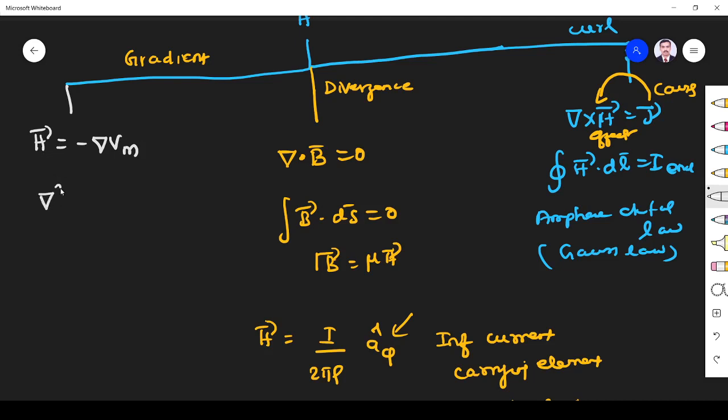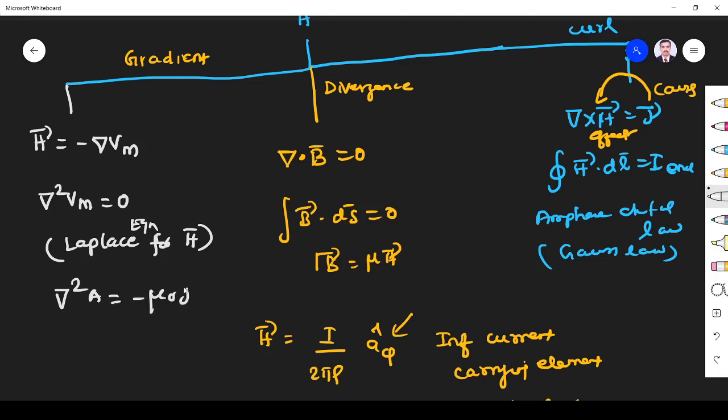Then we know del squared V is 0 for electric potential. For magnetic potential, it is the Laplace equation for magnetic field H. For electric field, del squared V is equal to 0. Similarly, we have Poisson's equation for magnetic field, del squared A is equal to minus mu naught J, where A is the vector magnetic potential.